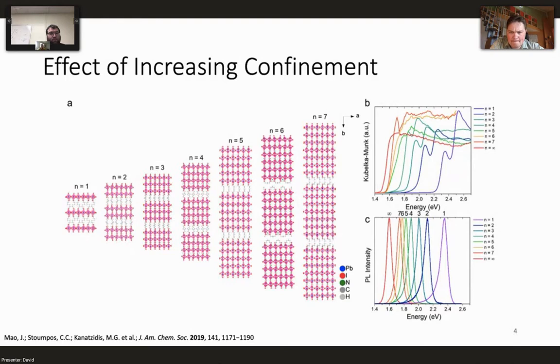And this is from an experimental paper where they looked at perovskites that ranged from N=1 to N=7, as well as bulk. And the smaller ones were blue shifted compared to the larger ones. So tunability helps for applications.